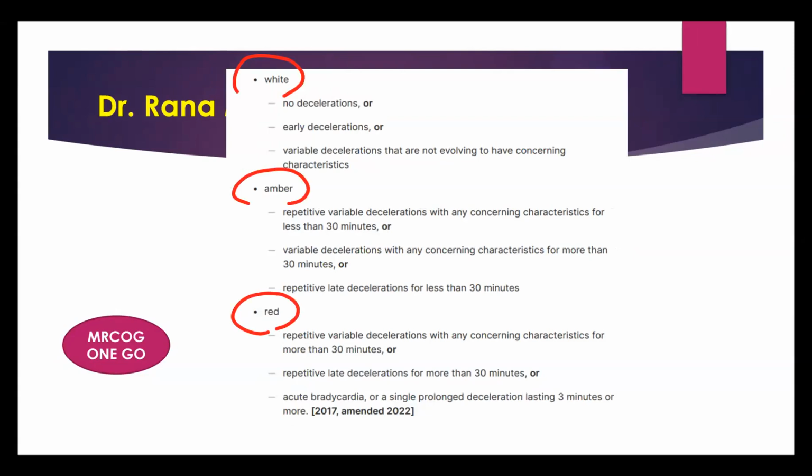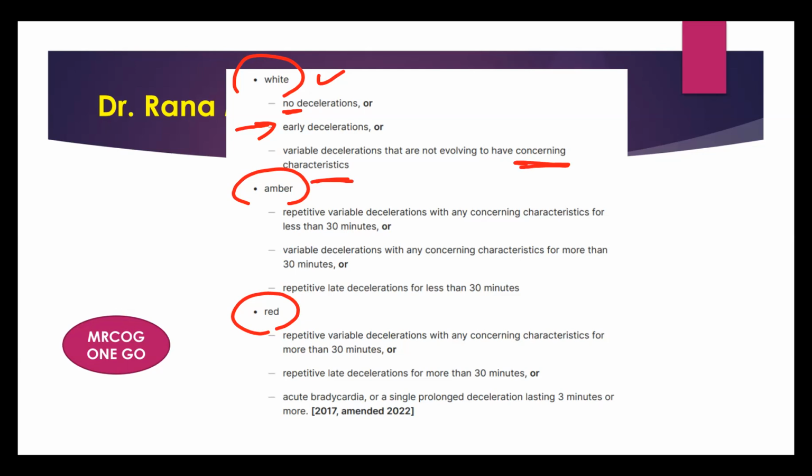So now we will describe the deceleration. It will be white if there is no deceleration, or it's just early deceleration, or variable deceleration that is not evolving to have concerning characteristics, with no concerning characteristics. In the old guideline, they mentioned the timing here. If it's up to 90 minutes, something like that.